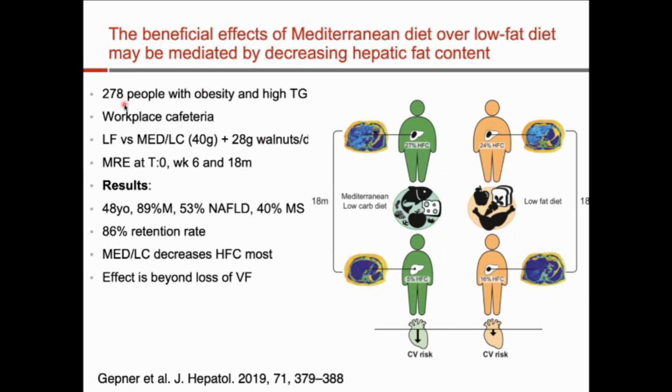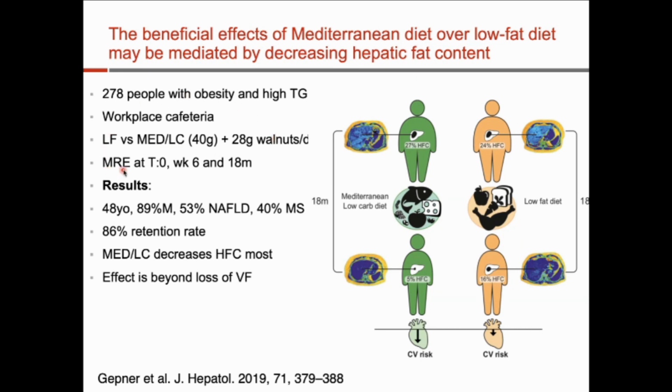They looked at about 278 patients with obesity and high triglycerides, and they utilized a workplace cafeteria as the place for intervention. They gave people either a low-fat diet or a Mediterranean low-carb diet, which they actually measured at 40 grams of carbs, which is very low, plus 28 grams of walnuts a day, which is about a handful of nuts.